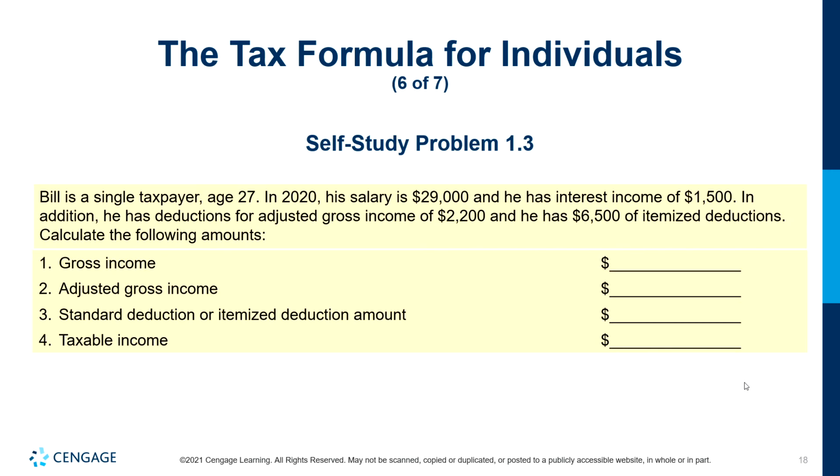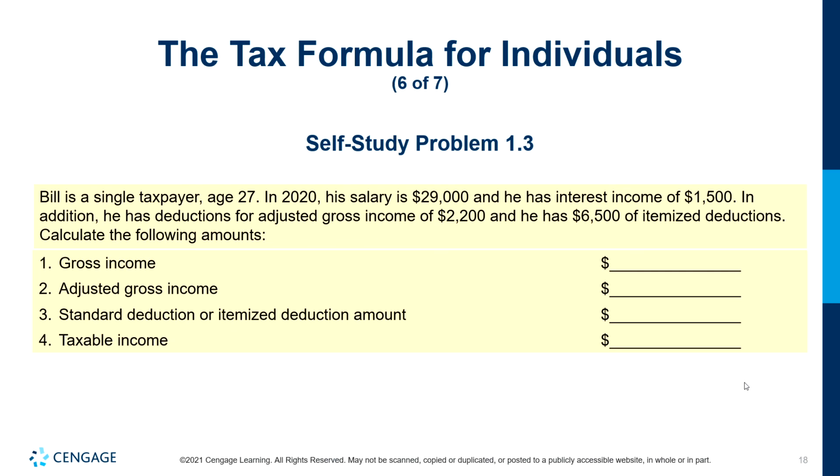Alright. So, we have a self-study problem. We have Bill, a single taxpayer, age 27. In 2020, his salary is $29,000, and he has interest income of $1,500. In addition, he has deductions for adjusted gross income of $2,200, and he has $6,500 of itemized deductions.